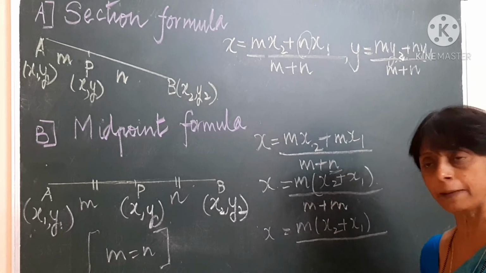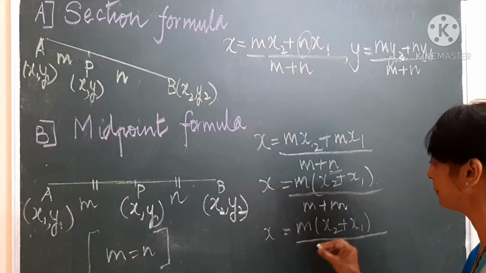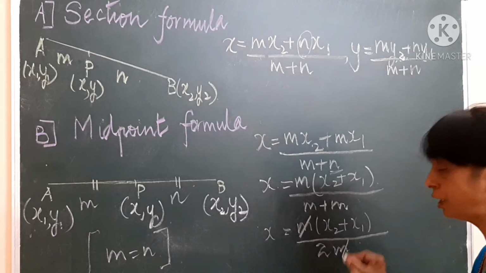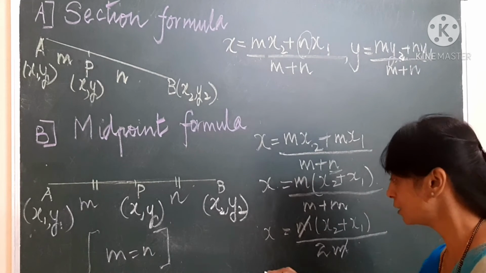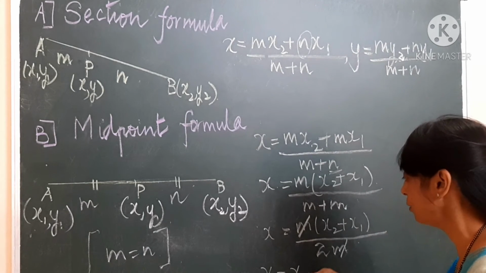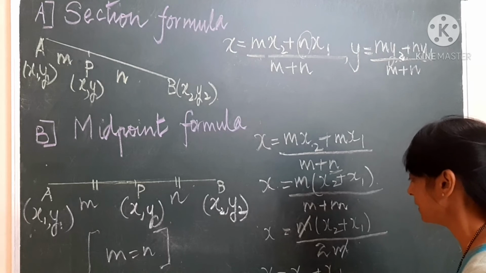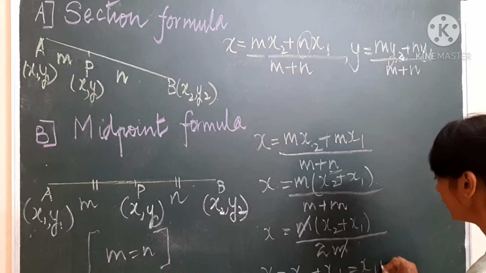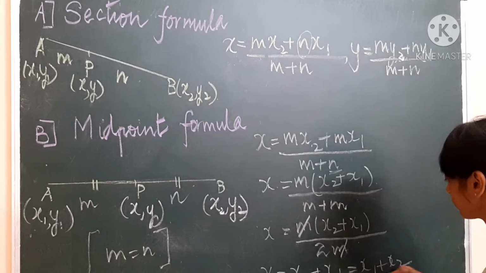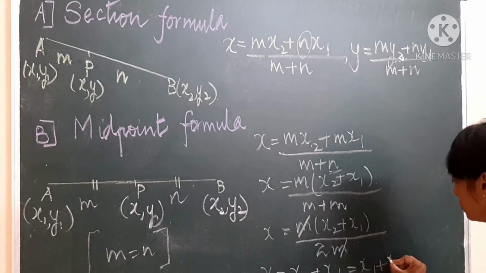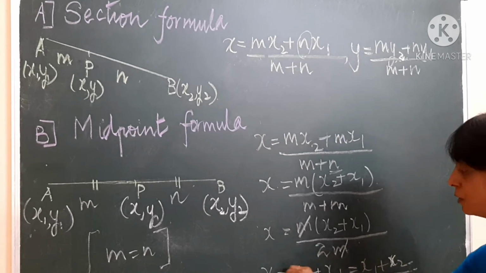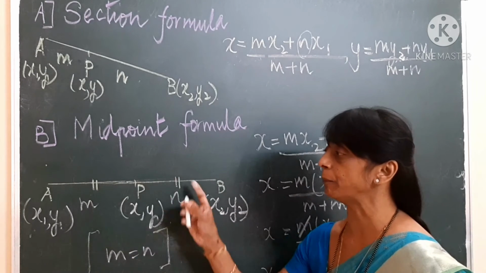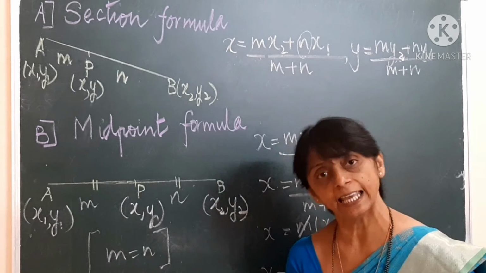So m plus m, that is 1m plus 1m gives me 2m. Let's reduce. m gets cancelled. So you're left with the value of x2 plus x1 upon 2. Or in other words, x1 plus x2 upon 2. That gives you the coordinate of x, provided P is the midpoint of the given side AB.